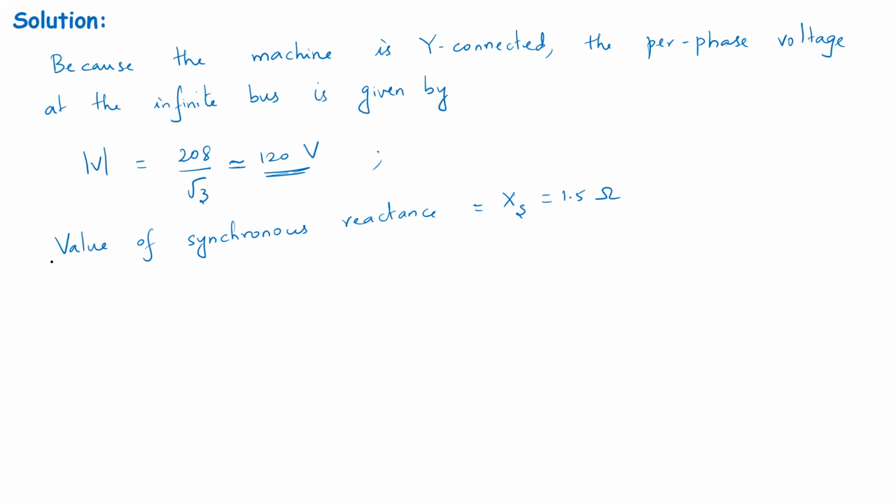We are assuming the infinite bus is also star connected for convenience, and we have the per phase voltage to be 120 volts, and the value of synchronous reactance is found to be 1.5 ohms per phase. Okay. So this is just the information that is given in the problem statement.